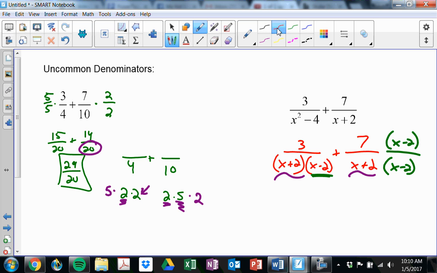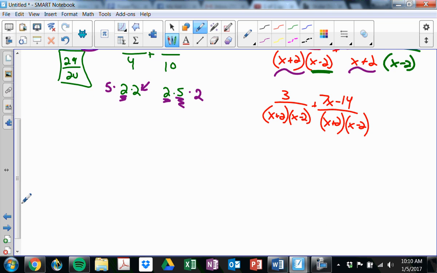That gives me 3 over x plus 2, x minus 2, plus 7x minus 14 over x plus 2, x minus 2. I can put all that together, and I get 7x minus 11 over x plus 2, x minus 2.